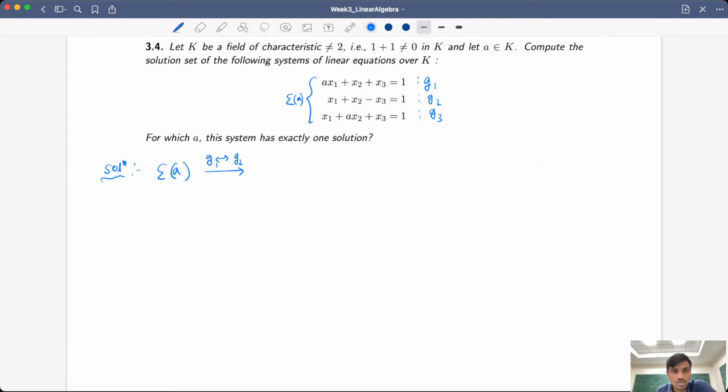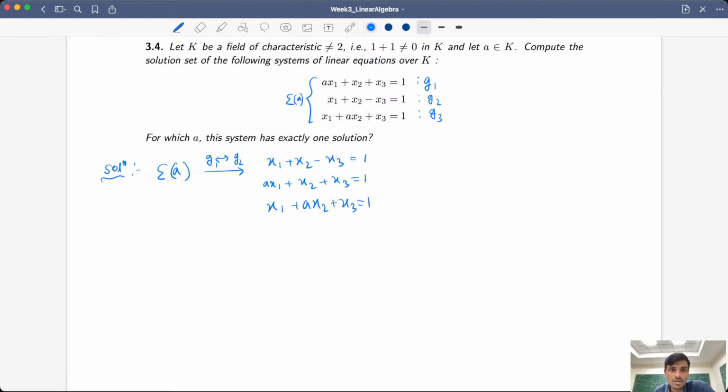This then becomes x1 plus x2 minus x3 equal to 0. This is my new G1, and this is a x1 plus x2 plus x3 equal to 1, and this is x1 plus a x2 plus x3 equal to 1.